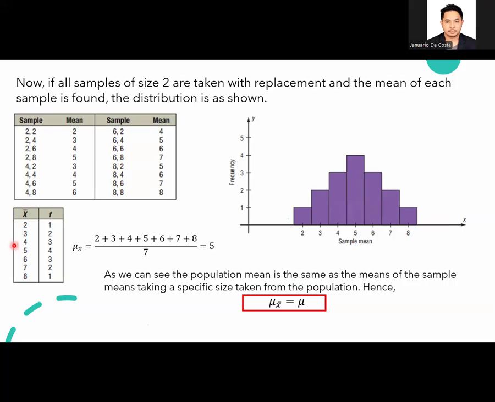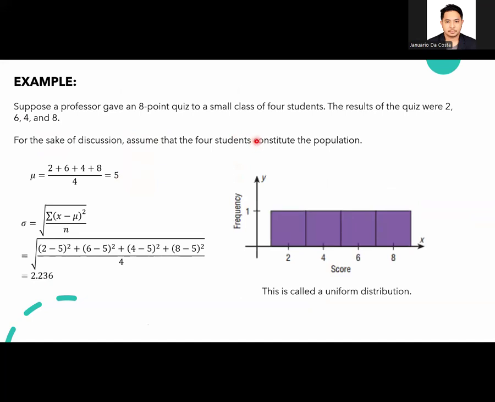For example, imagine the 4 students as the whole population. Student 1 has a grade of 2, student 2 has 6, student 3 has 4, student 4 has 8.